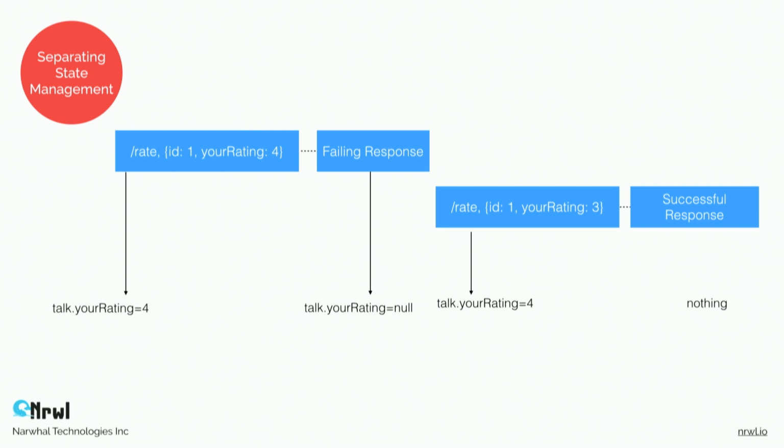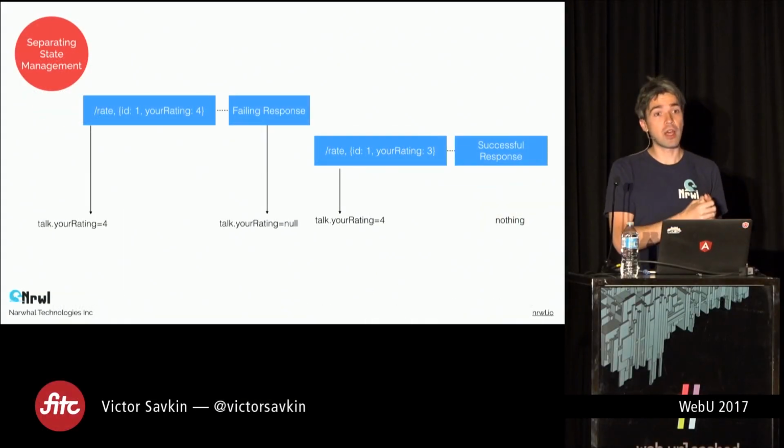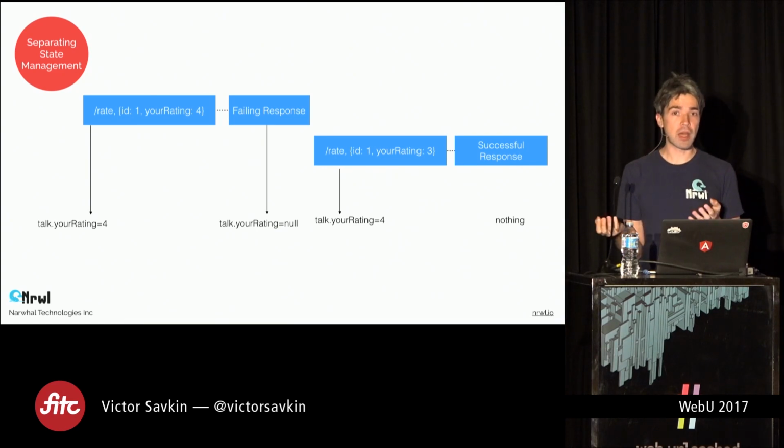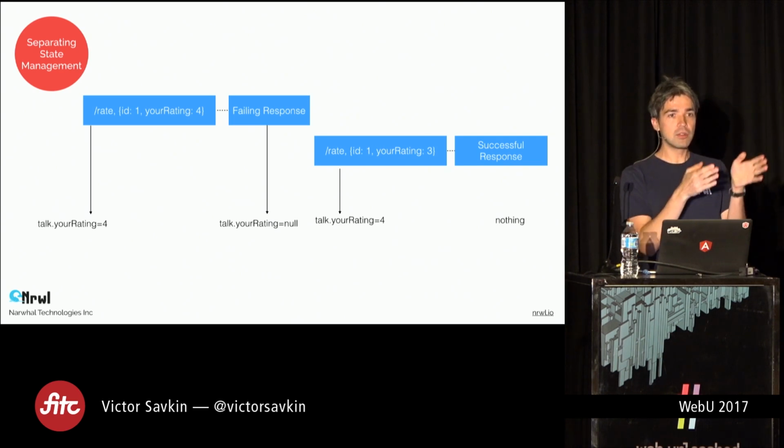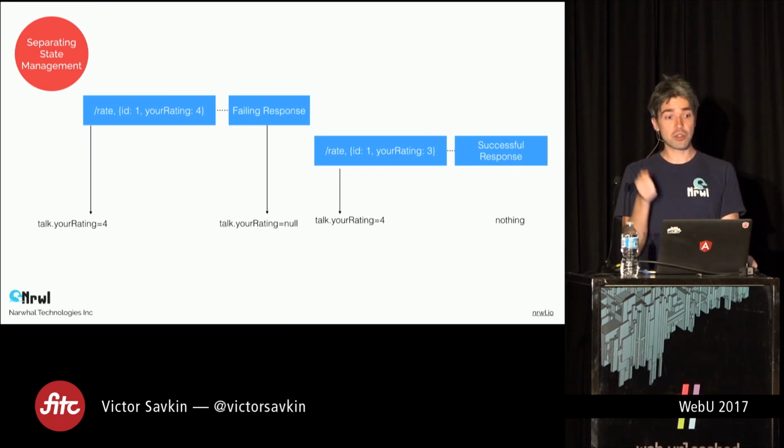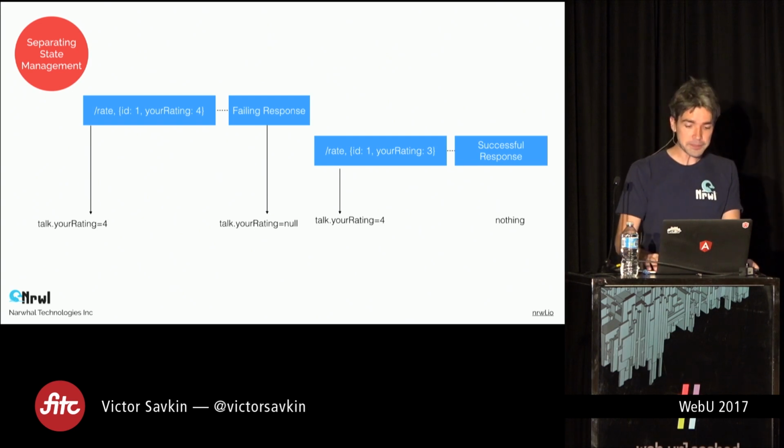We can use concatMap in this fashion because we have a single observable of all rate actions. We can actually say we want to process all rates in order. So we didn't have a single observable of rate actions in our original design, so we couldn't just apply concatMap. Yes? Only because we changed our design to have this long-lived observable of actions, we can actually apply concatMap to synchronize, or linearize, rather, our updates.